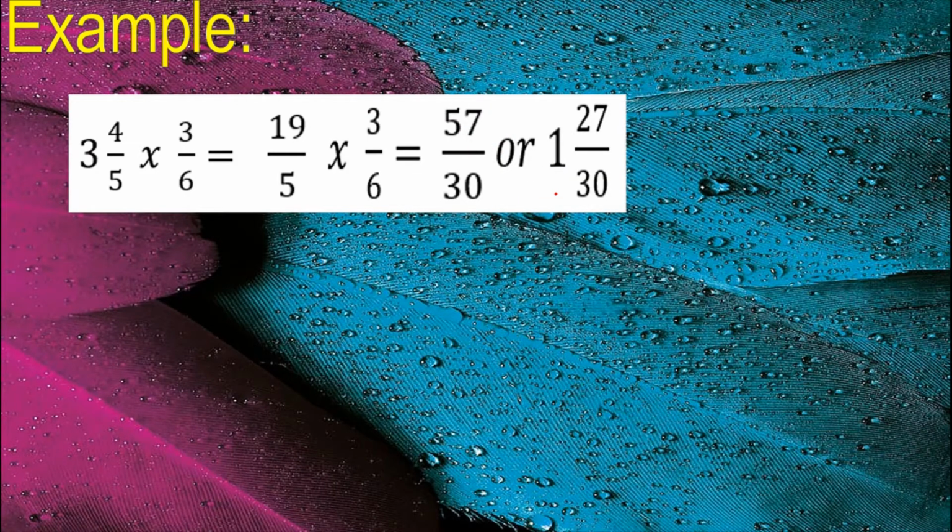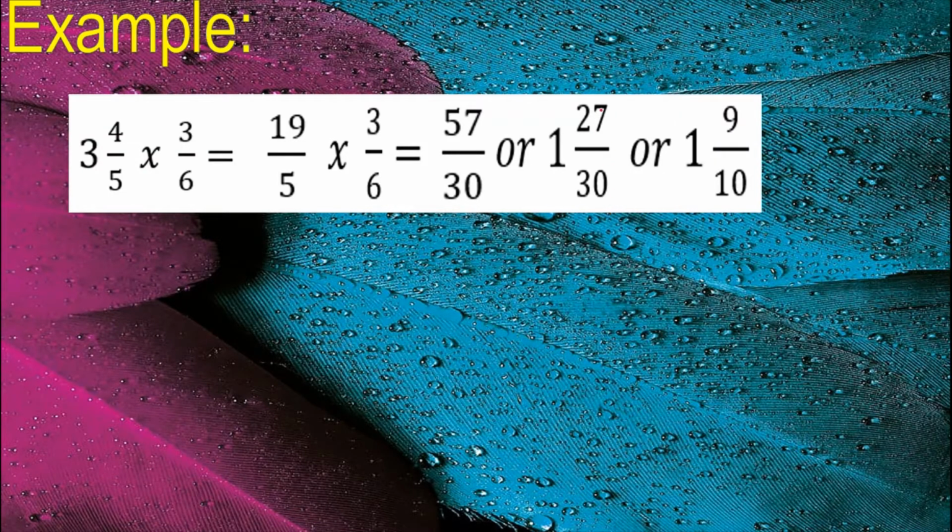So we have here 1 and 27 over 30. We can still simplify 27 and 30 by dividing them by 3. So we have here 1 and 9 over 10. This will now be our final answer.